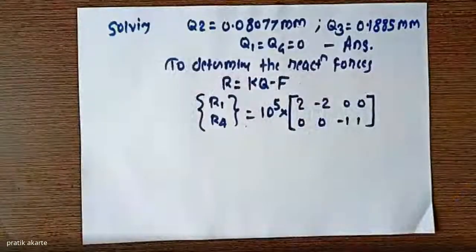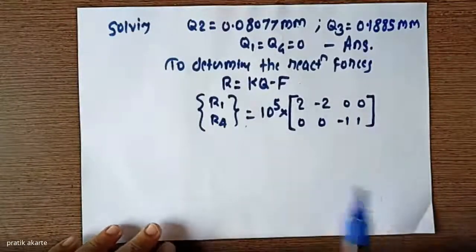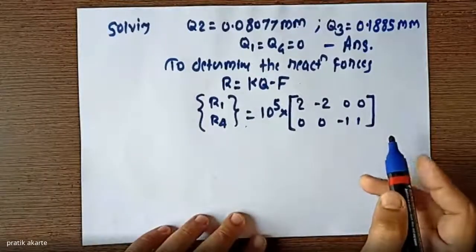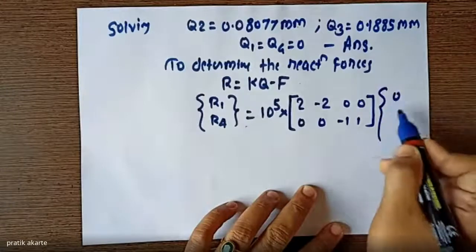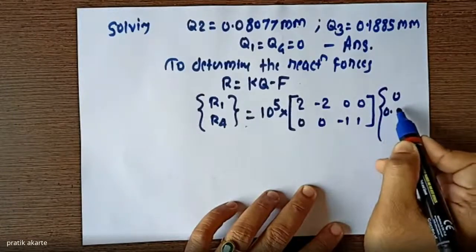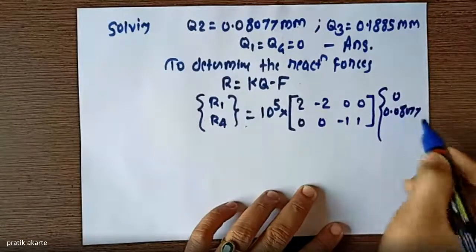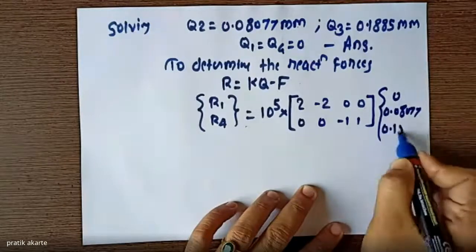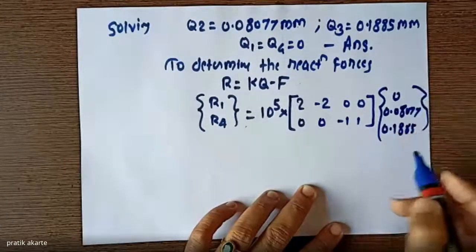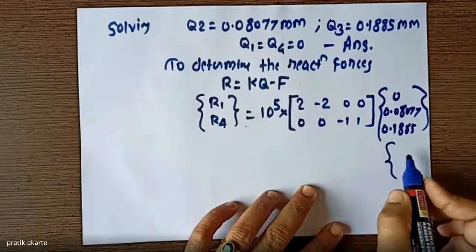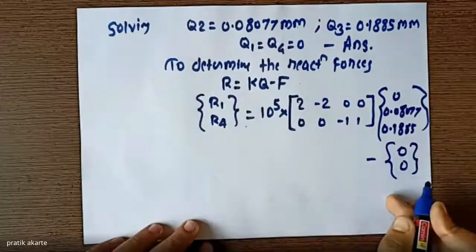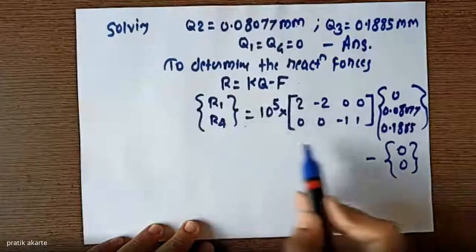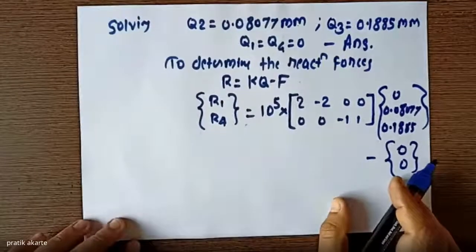These are the only terms we are writing because we are getting the reaction forces only at node number 1 and node number 4. Into displacements as 0.8077 and 0.1885. This is your displacement vector, into your force vector, minus forces 0, 0. Okay, so at 1 and 4, the external forces are 0.